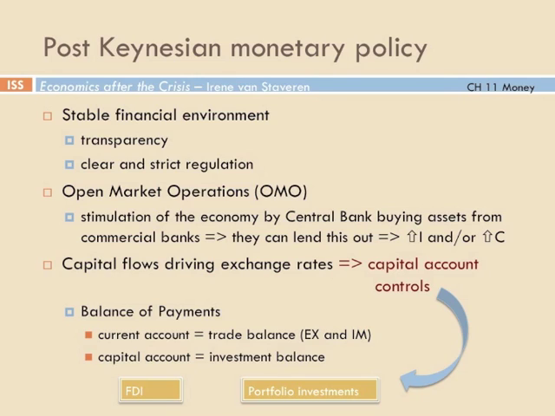Economies move along cycles, certainly in a post-Keynesian perspective. So central banks can stimulate the economy by buying assets from commercial banks and hence providing these commercial banks with the means to lend money out. This will lead to more investment or more consumption in the economy.